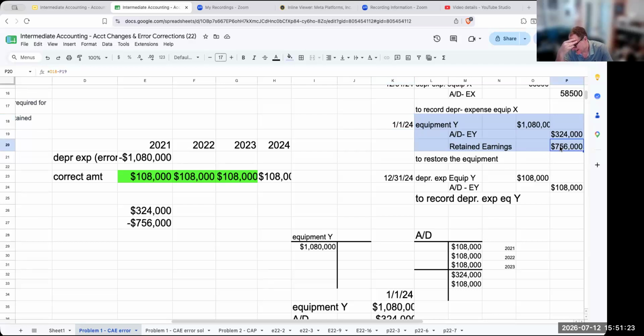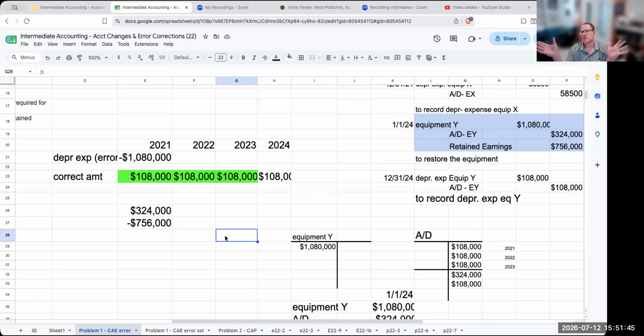I cannot go through and record an expense related to 2021, 2022, or 2023 and 2024. I'm limited just to doing this. So this is how I would do this over here.